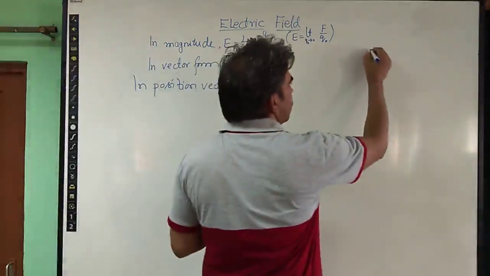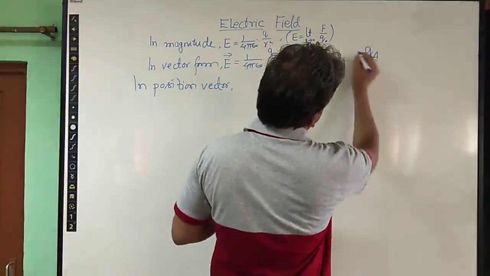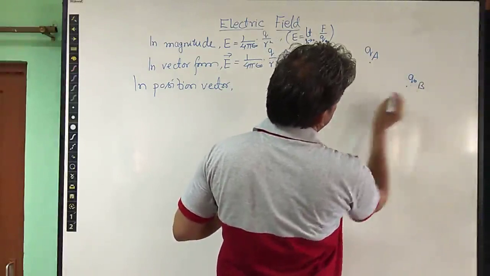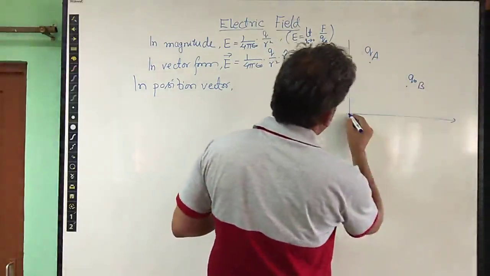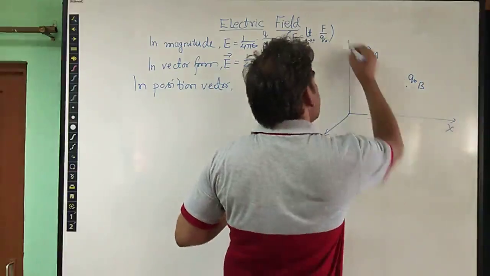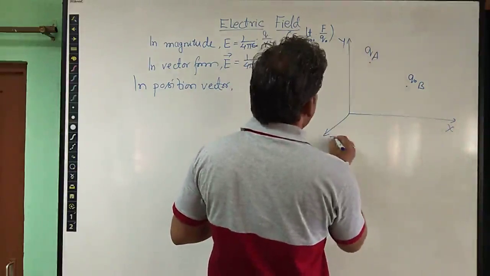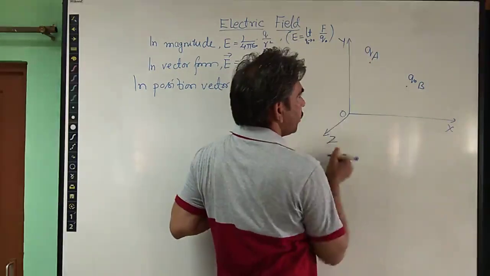Suppose this is the source charge q lying at position A, and this is the test charge q naught lying at position B. We have some coordinate system, and we can write the expression in a similar manner as we did for the electrostatic force. Here is the origin of the coordinate system.